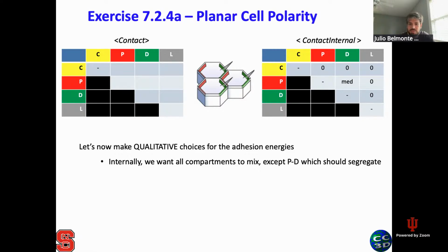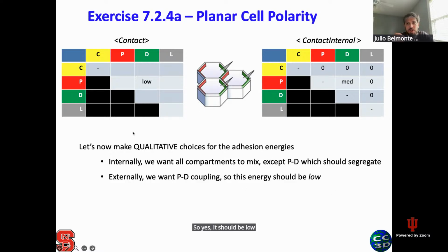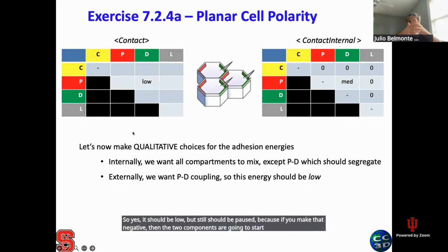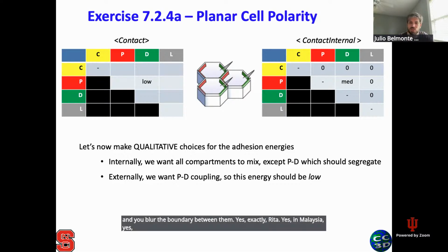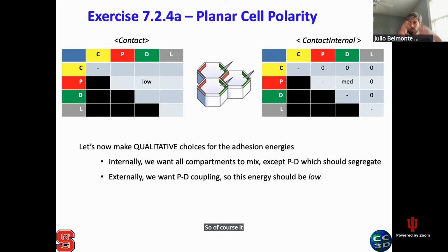Any guess in the chat? Low. But should it be negative or positive? Positive. Why positive? Yes, it should be low, but still positive, because if you make that negative, then the two compartments are going to start to mix and you blur the boundary between them. Yes, exactly, Rita. Yes, Maisha, it doesn't want to go through the boundary. So you want to have low. Of course it has to be low compared to the other things, right?